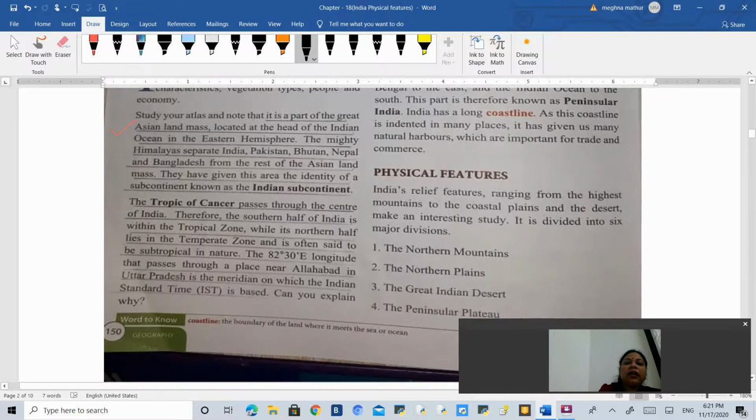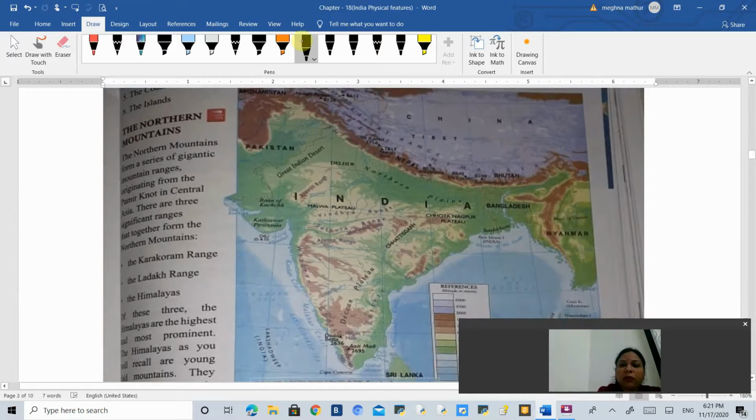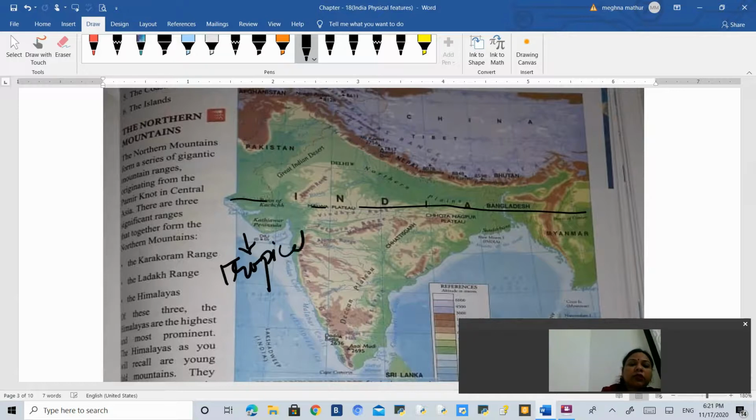Then we also know that the Tropic of Cancer divides India into two parts. You can see in this map that this is our Tropic of Cancer line, and it divides India into two parts. The part below the Tropic of Cancer is called tropical, and the part above is called temperate.